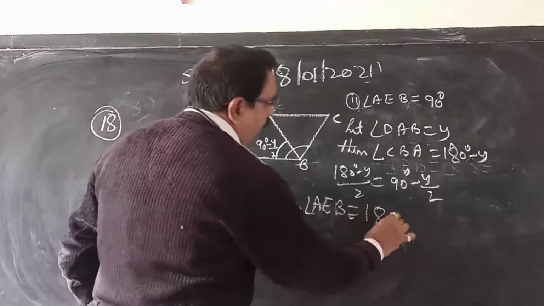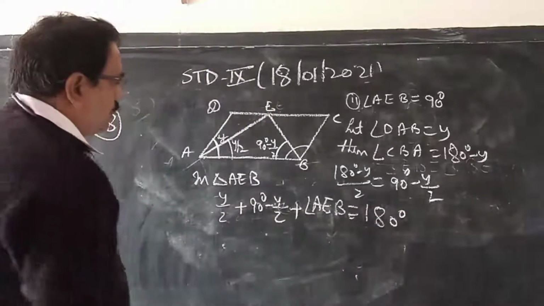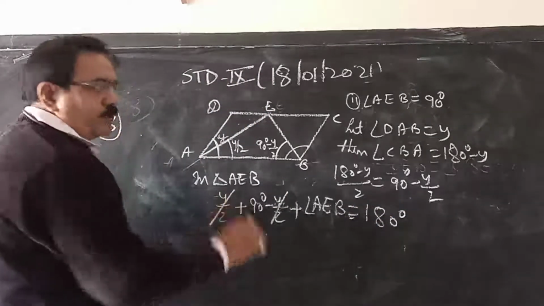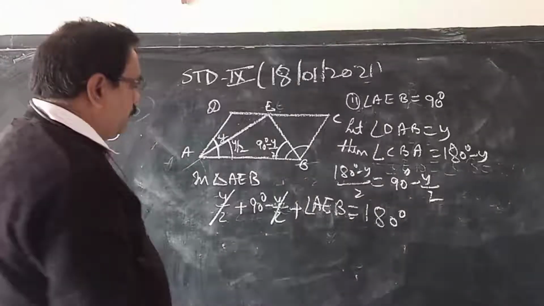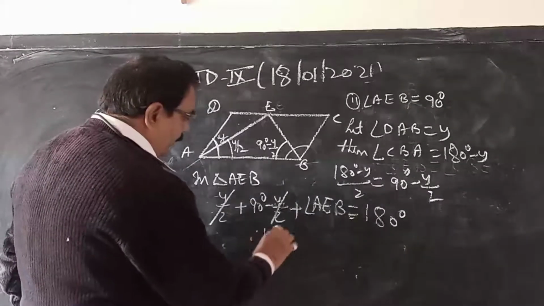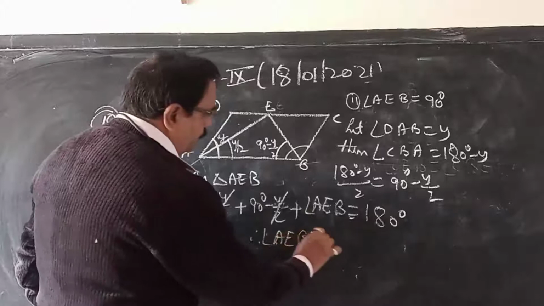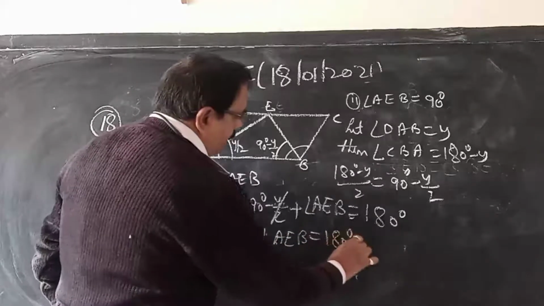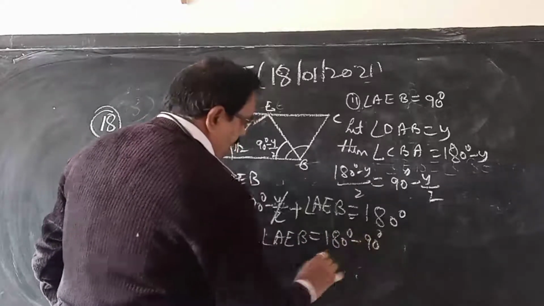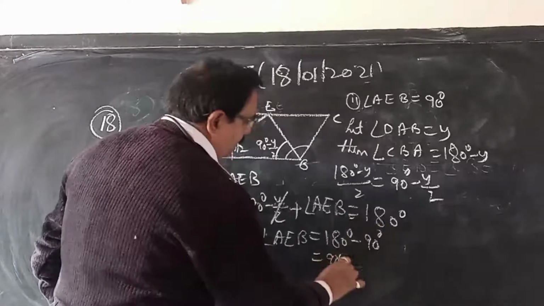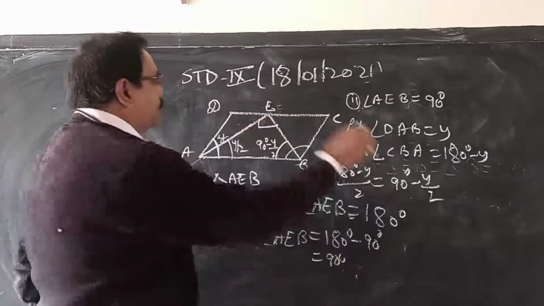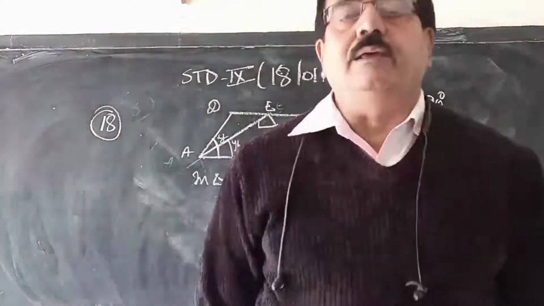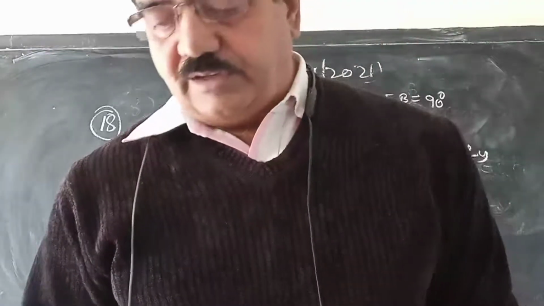The y by 2 terms cancel. So angle AEB is equal to 180 degrees minus 90 degrees, that is 90 degrees. So we have proved that angle AEB is 90 degrees.